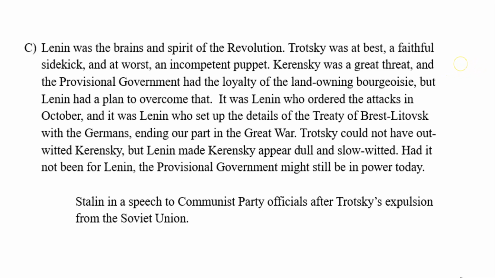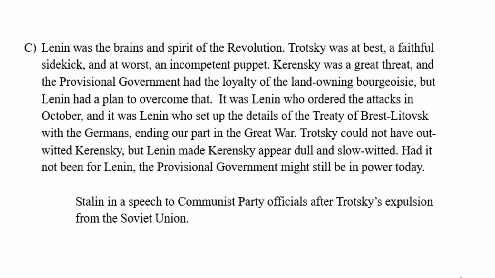Trotsky was at best a faithful sidekick, and at worst an incompetent puppet. Kerensky was a great threat, and the provisional government had the loyalty of the landowning bourgeoisie, but Lenin had a plan to overcome that NEP. It was Lenin who ordered the attacks in October, and it was Lenin who set up the details of the Treaty of Brest-Litovsk with the Germans, ending our part in the Great War.